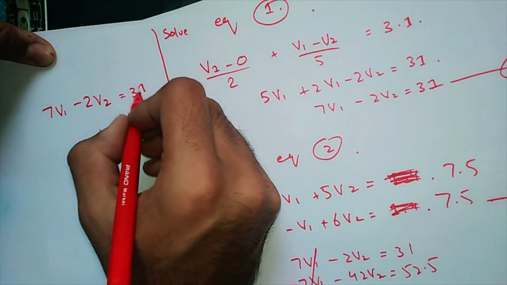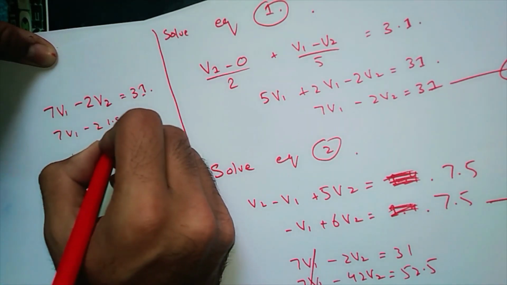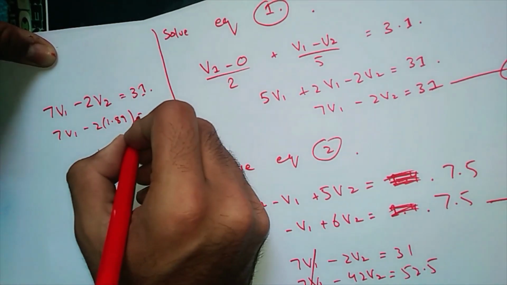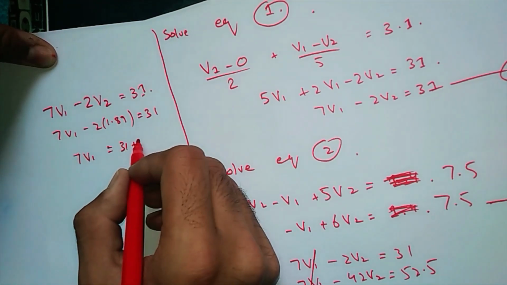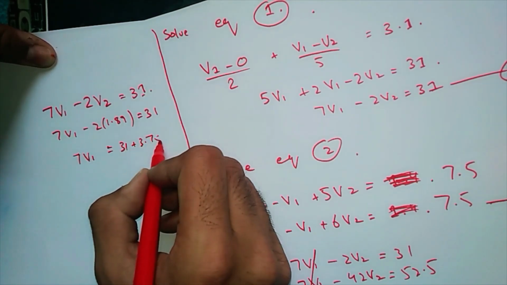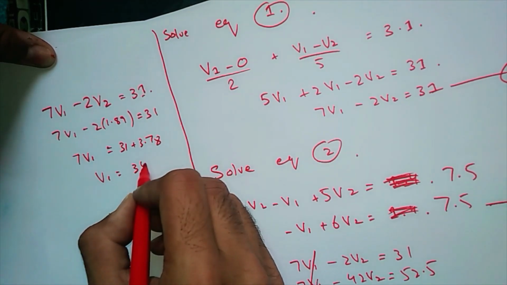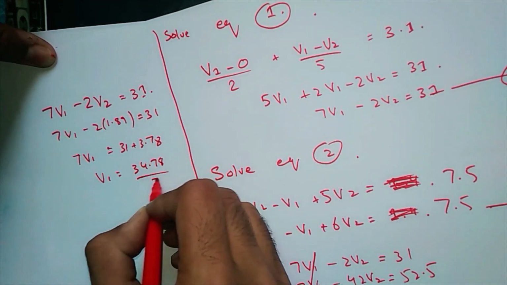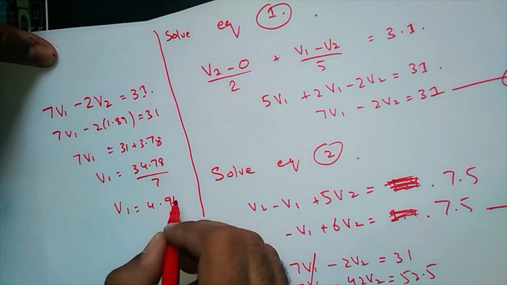The value of V2 is 1.89, so put it in: 7V1 minus 2 times 1.89 is equal to 31. So 7V1 is equal to 31 plus 3.78, which is 34.78. V1 is equal to 34.78 divided by 7. V1 is equal to 4.96 volts.